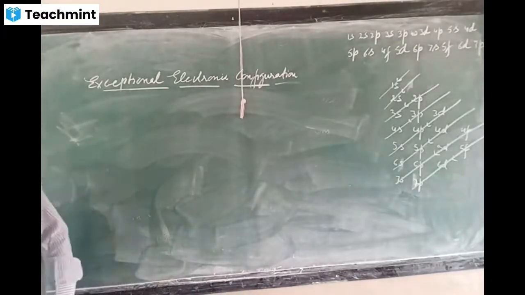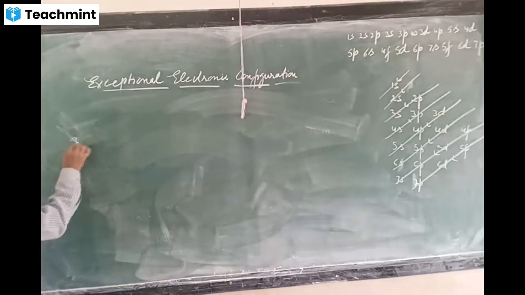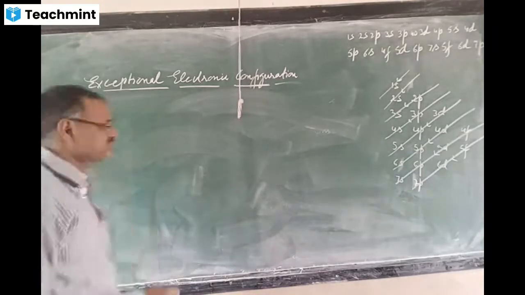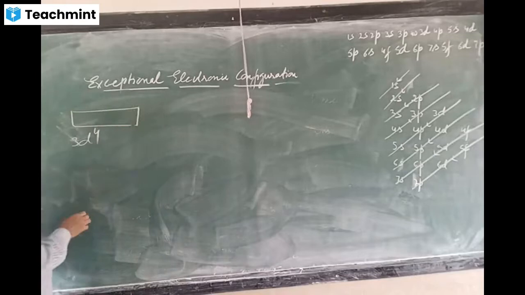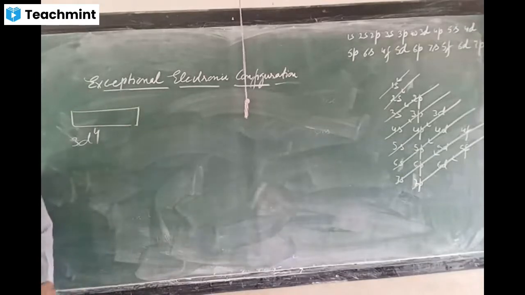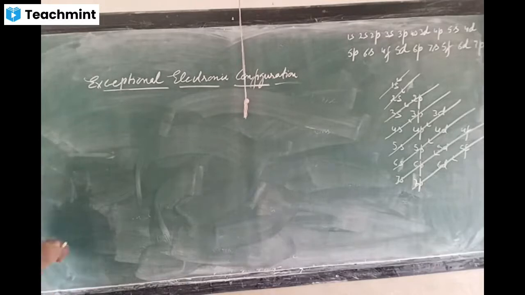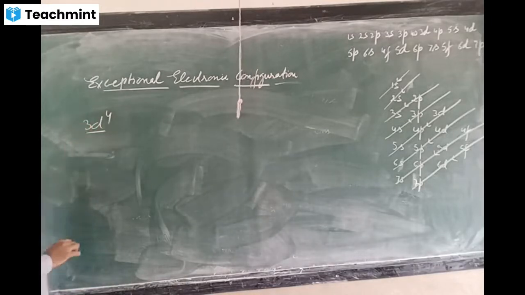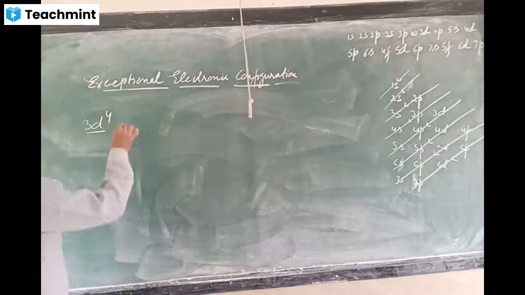So I will show you. In chromium, you have seen 3d4 and 3d5. Just see, for 3d4 I am going to show you how many exchanges are possible.